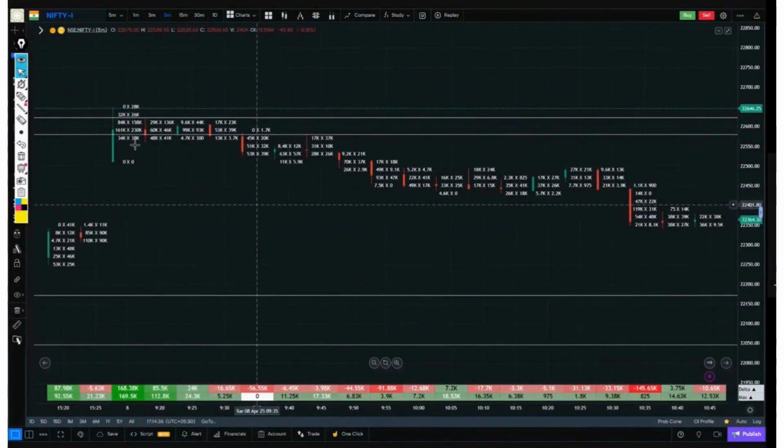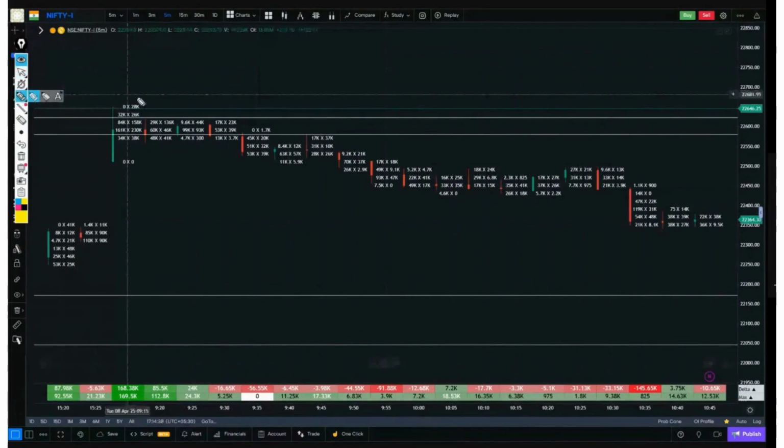What do we have on the right side of the footprint? Buyers. What do we have on the left side? Sellers. Like we see the first candle, whatever value is written in the topmost line, it is the value of delta. Delta tells us the difference between buyers and sellers, as shown inside the green box here.